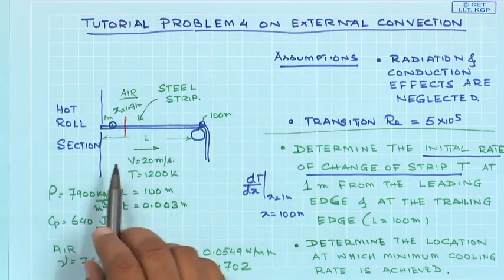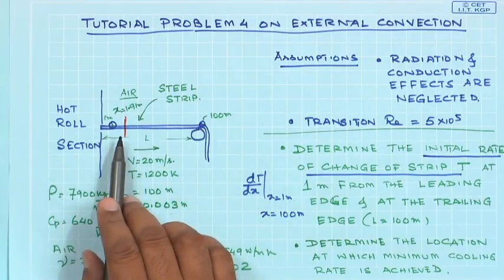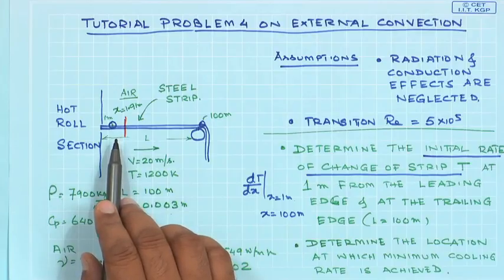This is the point which corresponds to the transition from laminar to turbulent, and therefore, the transition from laminar to turbulent is associated with the lowest possible value of heat transfer coefficient, and therefore, the lowest possible value of the time rate of change of temperature.